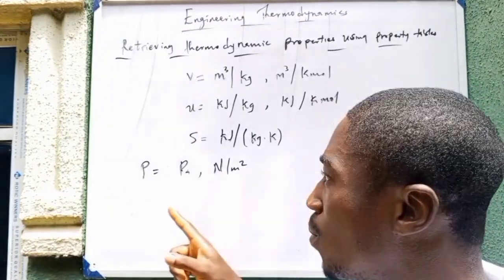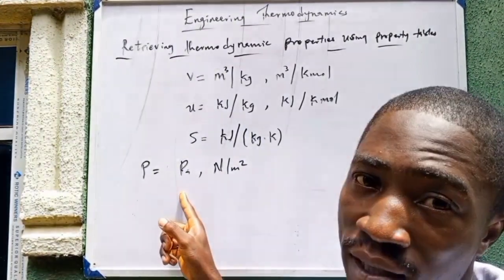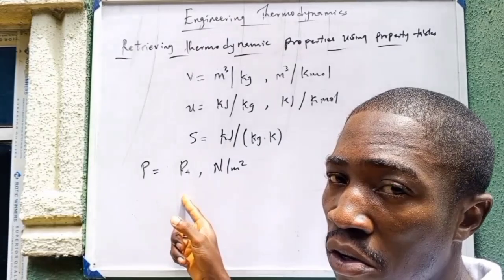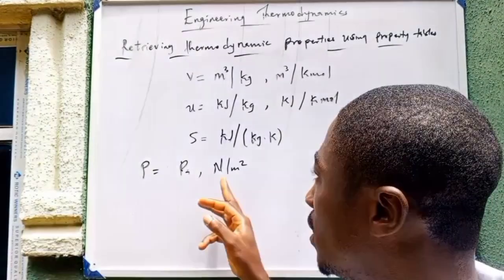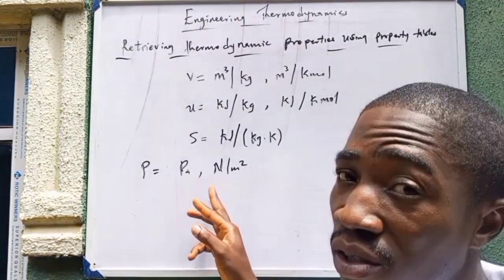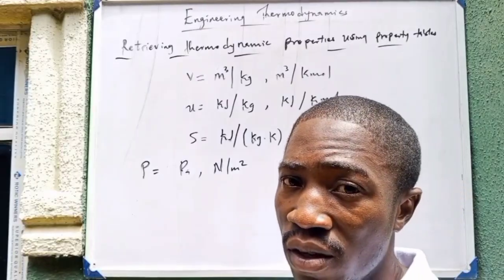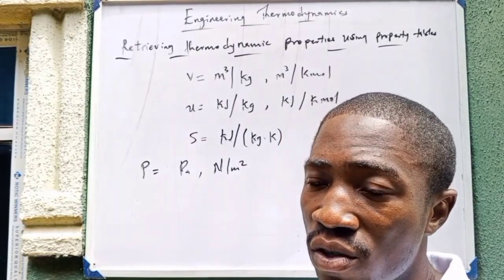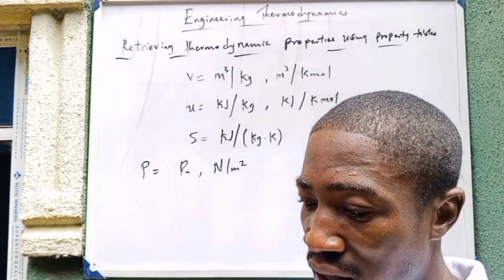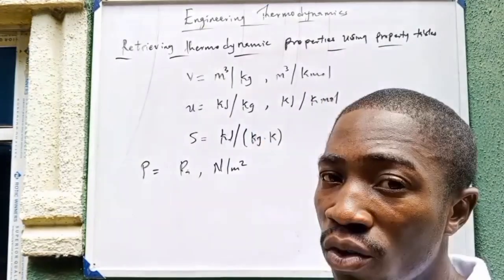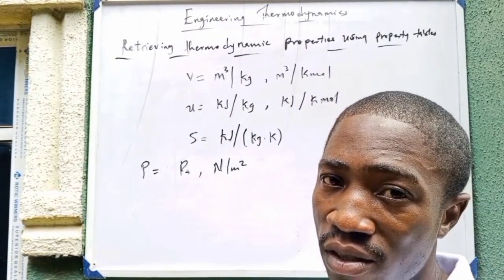So one property table may decide to use Pascal as the unit of pressure, or megapascal. Then another property table may decide to use what? Newton per meter square. There are other units of pressure. So it just depends on the property table you are working with. Know the unit system it is adopting.